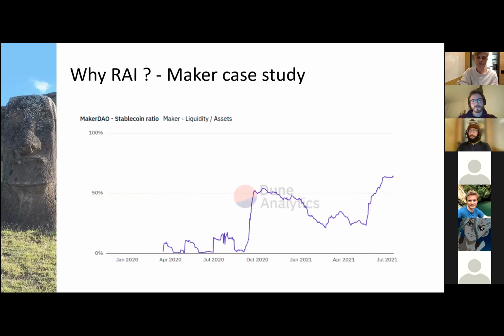How did Maker solve that problem? I'm running short on time, so I will go very quickly. But Maker used to be Ether only, and they were pegged to $1, and it was not really sustainable for them. DAI was going above the peg due to high demand, and the way they solved that is by adding USDC collateral.